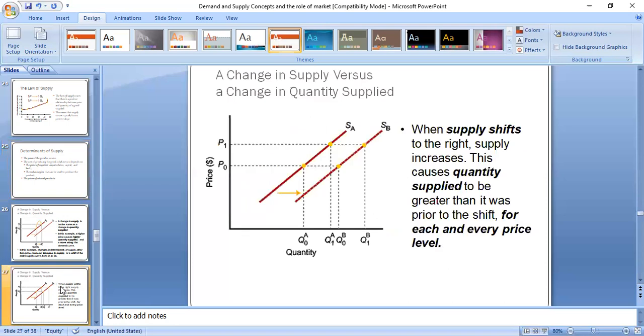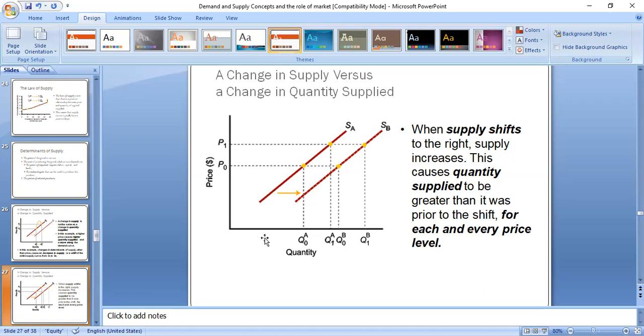Then we also have what we call a change in supply and a change in the quantity supplied, similar to what we saw when looking at demand analysis. Even with supply, there is a change in supply.